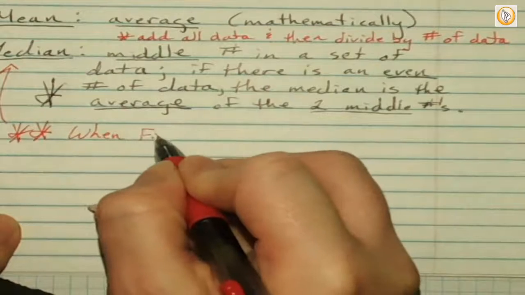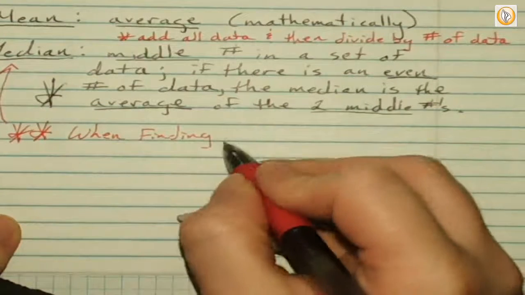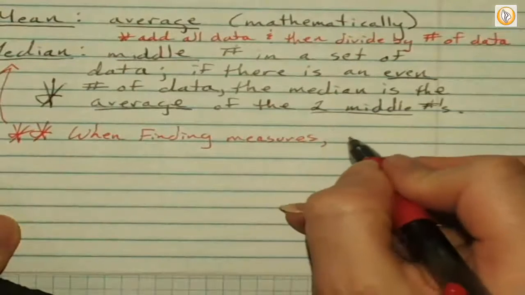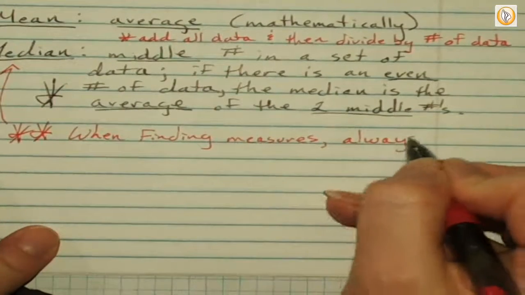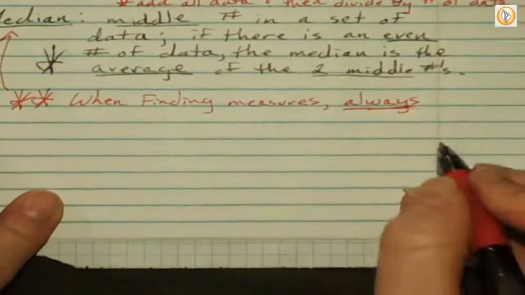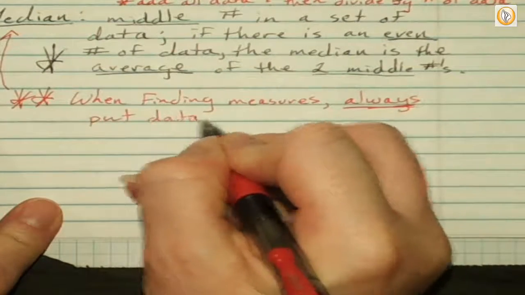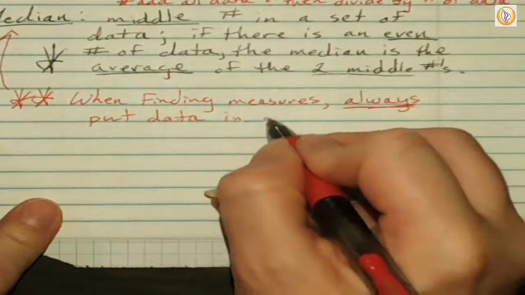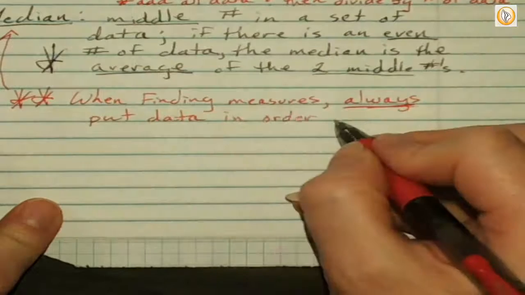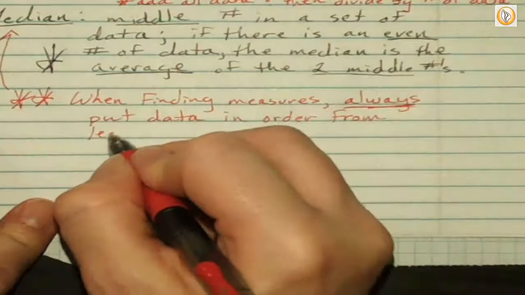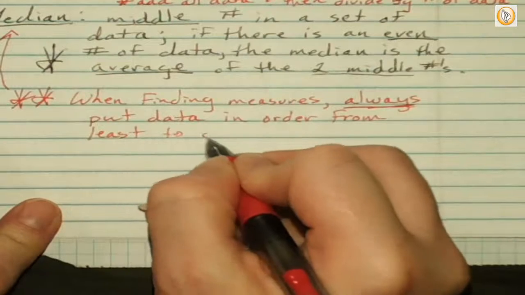When finding measures or doing what we're doing here, always, this is very important, always put data in order from least to greatest.